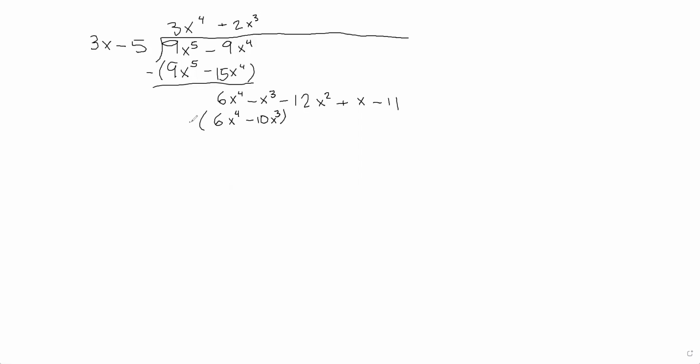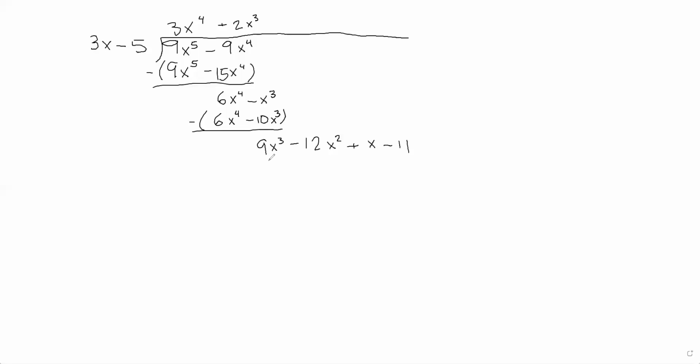Parentheses, subtract. We're going to get negative x cubed plus 10x squared, plus 10x cubed. And then that's going to turn into positive 9x cubed. And then just like before, move this all down.